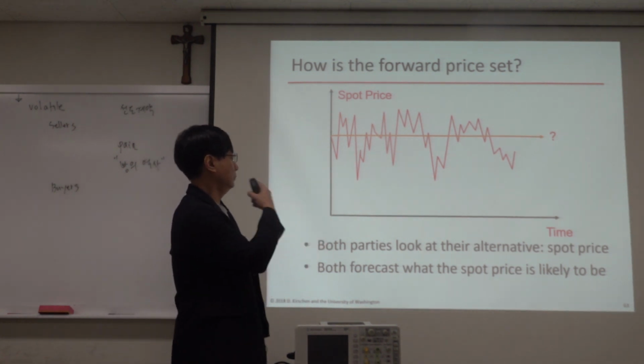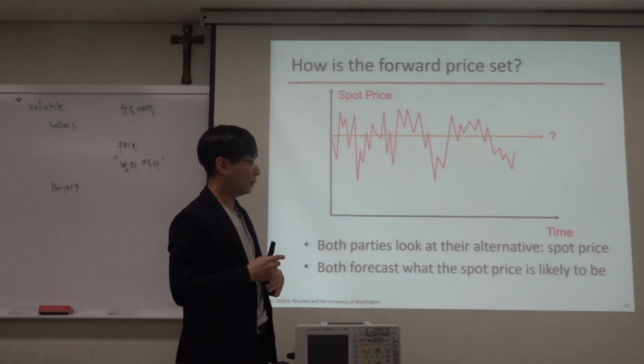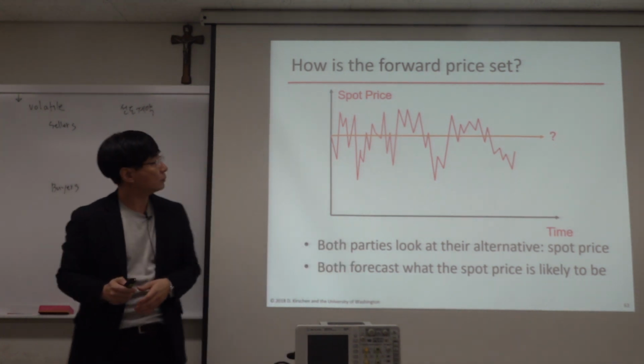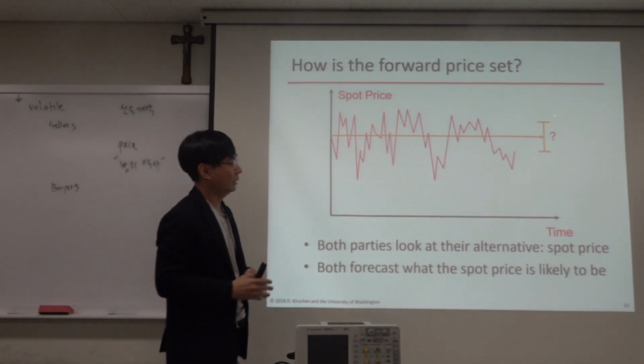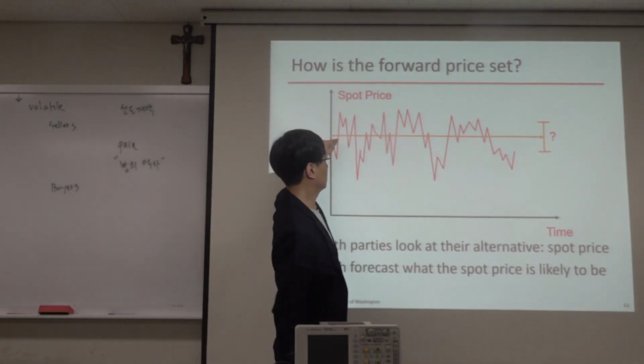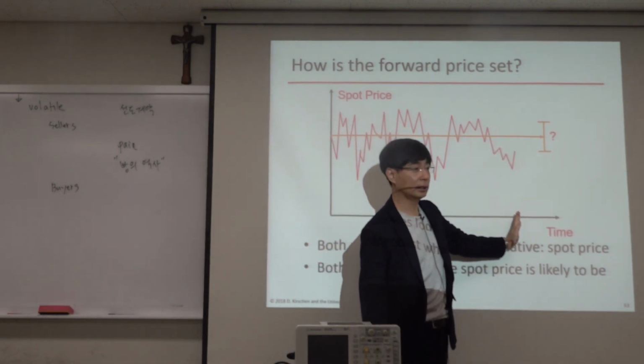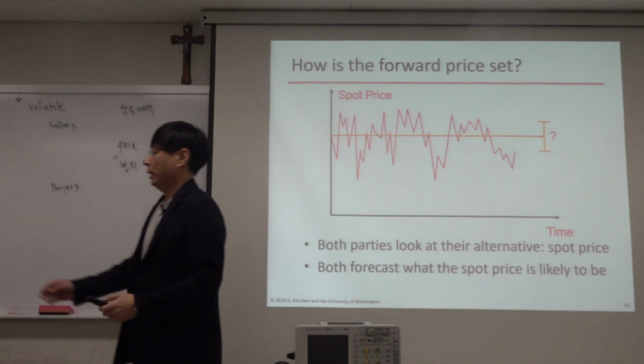Okay. So both forecast what the spot price is likely to be. But it is uncertain. We don't know. Okay? And this is just an estimation of the spot price. The future didn't come yet.